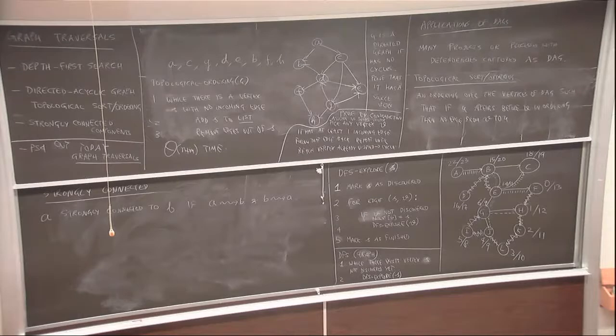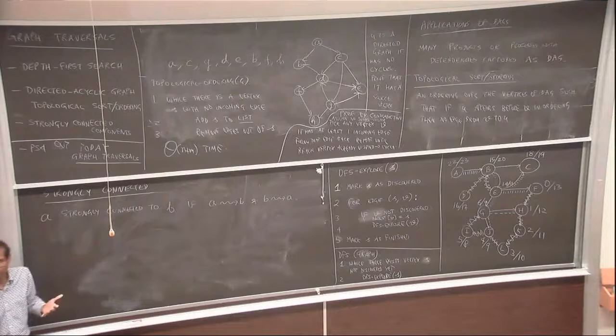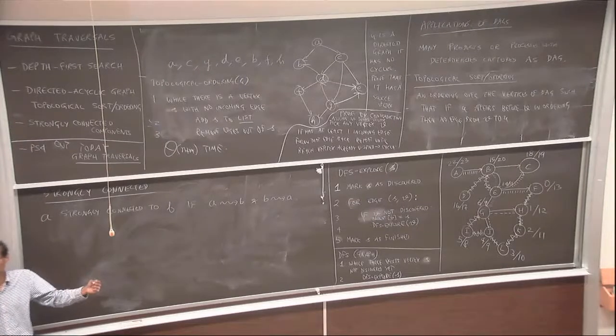Now you agree that this relationship is completely symmetric. It's also reflexive because A has a path to itself. It's also transitive. If A is strongly connected to B and B is strongly connected to C, then A will also be strongly connected to C.